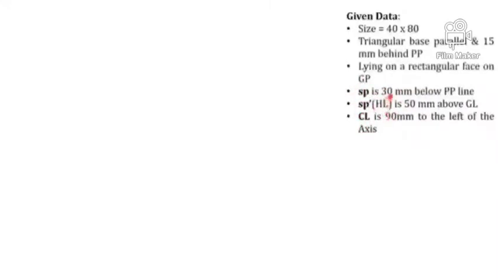That is the distance of the observer from PP and GP, and also from the object, that is the central line. The central line is 90 mm to the left of the axis of the prism. In the previous problem, your station points were to the right of the object, but in this problem the station points will be on the left side.